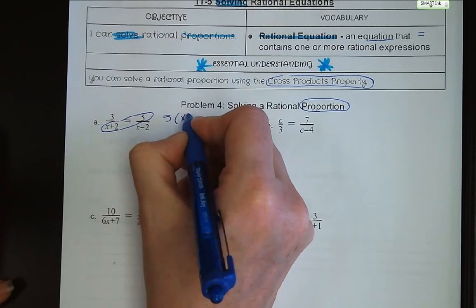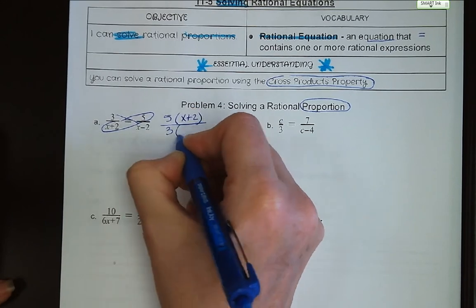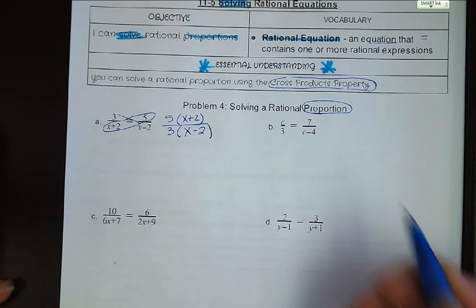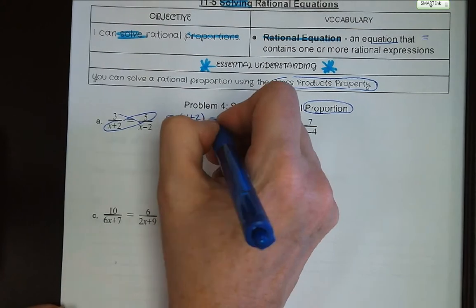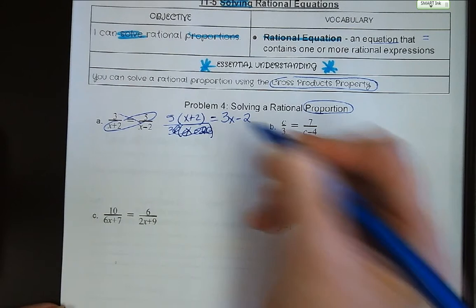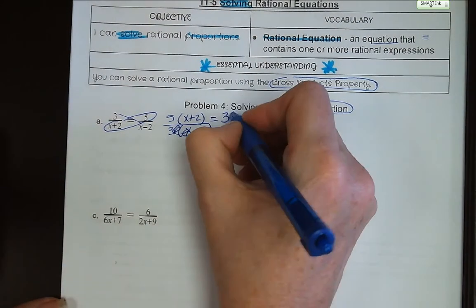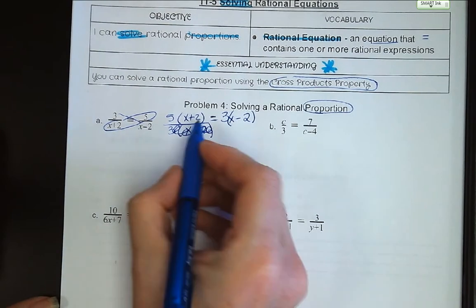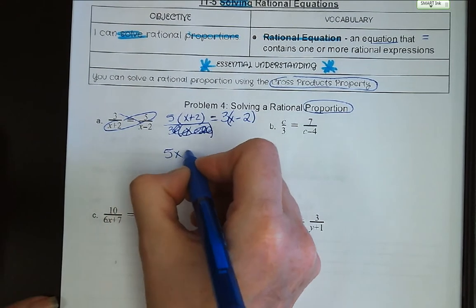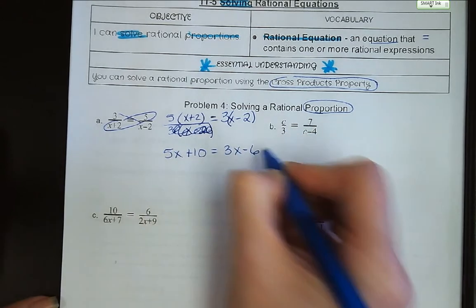So 5 times x plus 2 is equal to 3 times the quantity x minus 2. Yeah, I know, I'm going to be picky. Now distribute, and you get 5x plus 10 equals 3x minus 6.